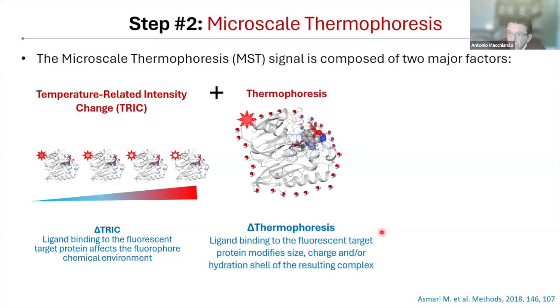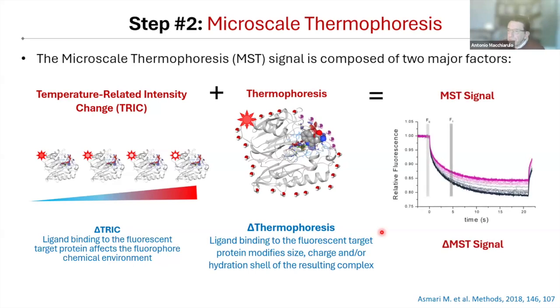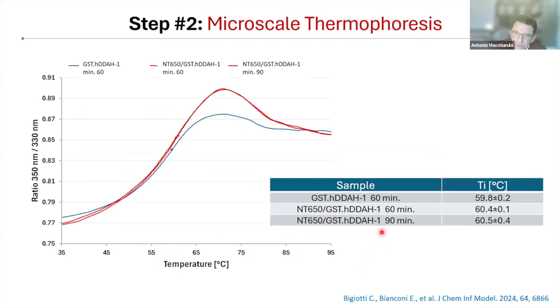The second factor is indeed the thermophoresis, and here is the ligand binding to the fluorescent target protein that modifies the size, charge, or hydration shell of the complex of the ligand bound to the target. Analyzing these 2 factors, we are able to record this MST signal, from which we can extrapolate the binding curve and determine a dissociation constant for the compound.